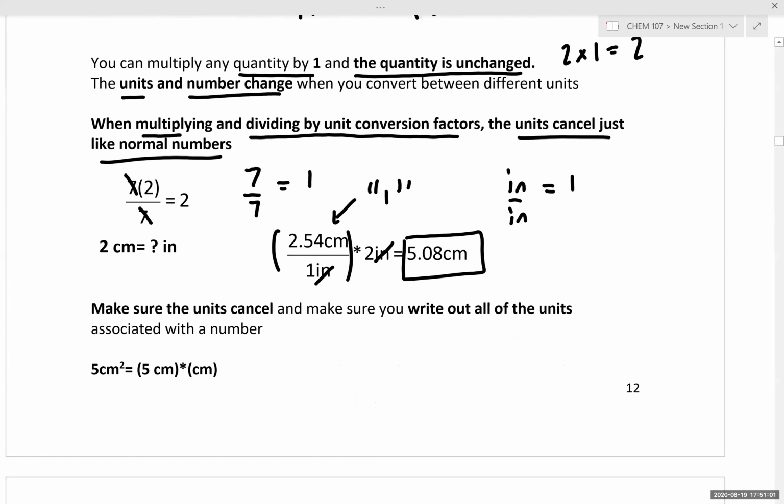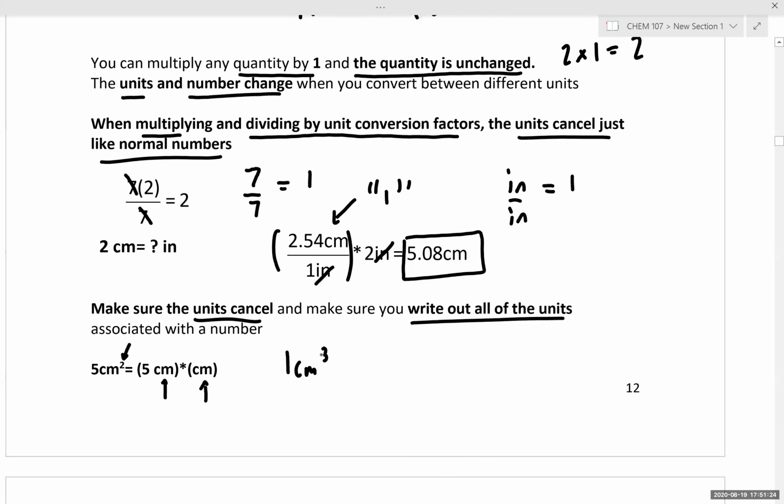Now, one thing that you do need to be aware of is you need to make sure that the units cancel and that you write out all of your units. So for example, 5 centimeters squared, we have a complex squared unit, is equivalent to 5 centimeters times centimeters.